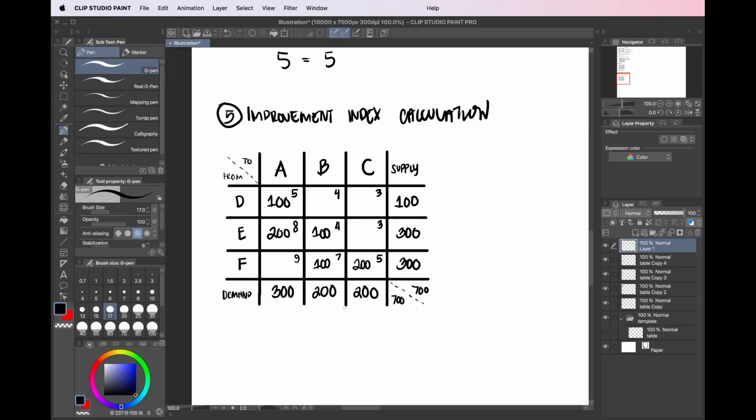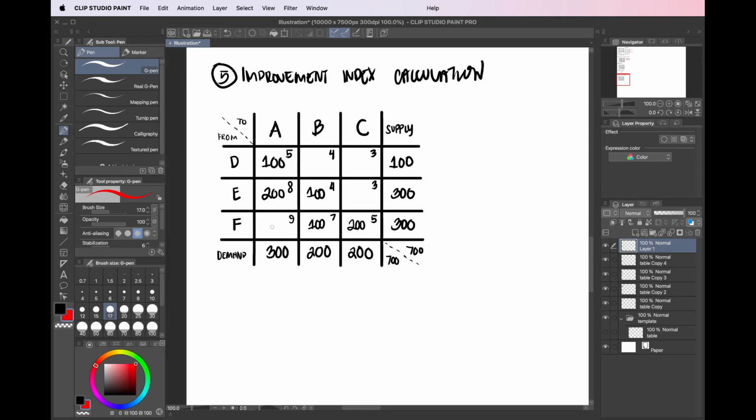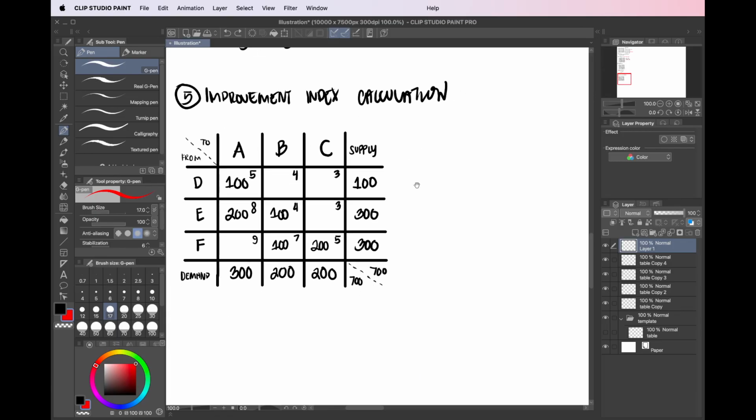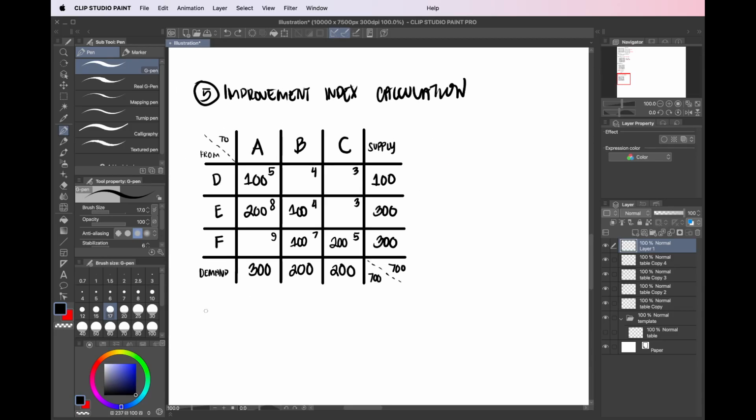Where do we even start? You can really choose any, but basically we are going to be targeting the empty cells, which are this and this. Since you can start anywhere, I want to start in this cell, or FA. So how do we calculate the improvement index? We simply do it this way. Let's put it here at the bottom. So FA, the calculation of FA would be as follows.